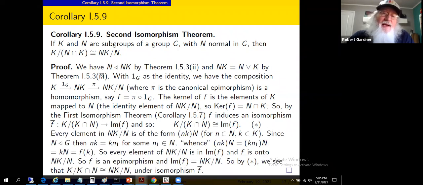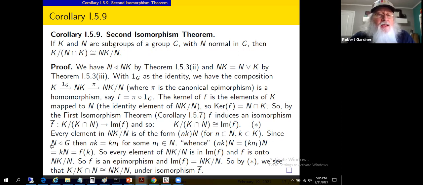Now, about the right-hand side, Nk mod N. Every element of Nk mod N is of the form: an element of the group Nk, capital N, capital K, so that would be a lowercase n, lowercase k, times capital N. A left coset of N in Nk is always of this form.